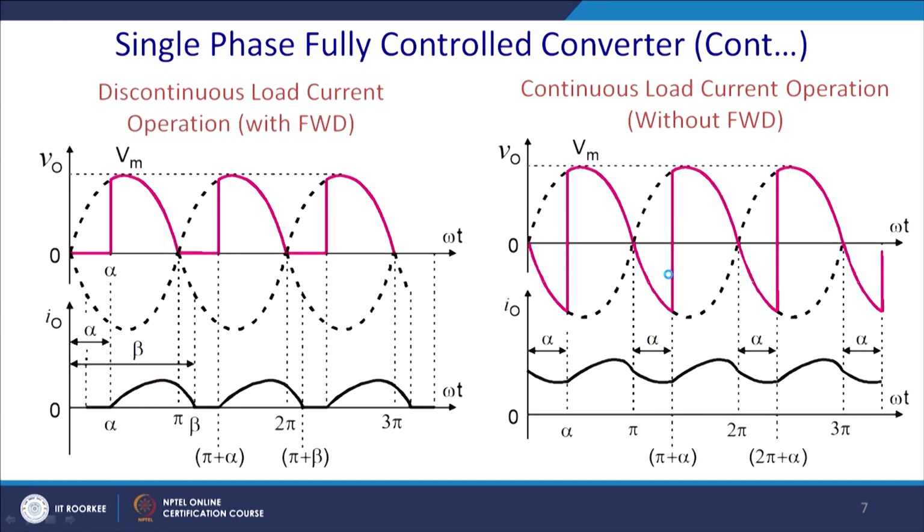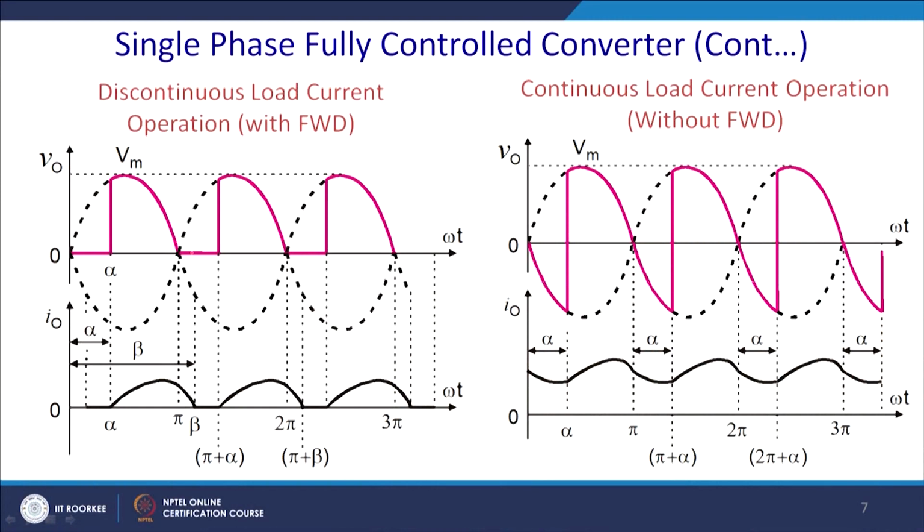If we have discontinuous conduction with the free wheel diode, then this negative part gets truncated, there is no negative part. So, what happens is that load voltage will be positive and the DC component will be more.